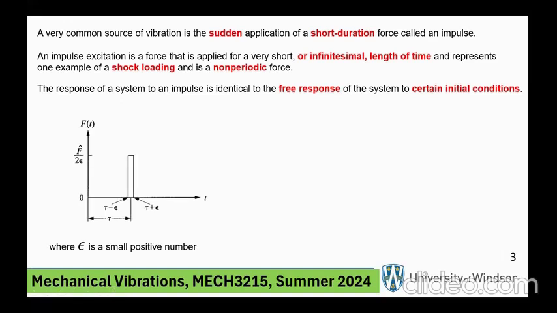So for the sake of illustration, let me assume that I have a function like this. If you look at this function, it starts at minus infinity, comes to t minus some value, or tau minus some epsilon, and then it takes a value. This is a very special kind of impulsive force that I'm talking about, and then it drops down after another epsilon to 0, and then stays 0.